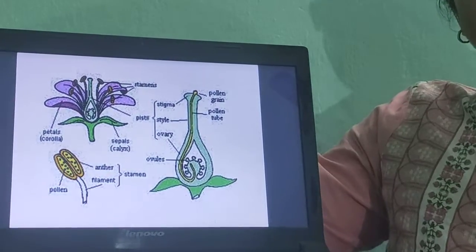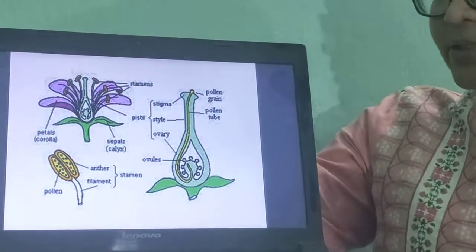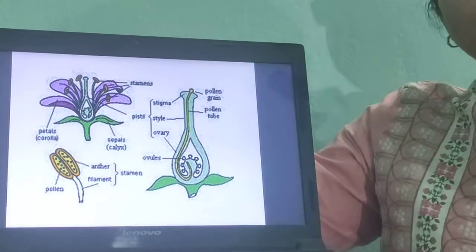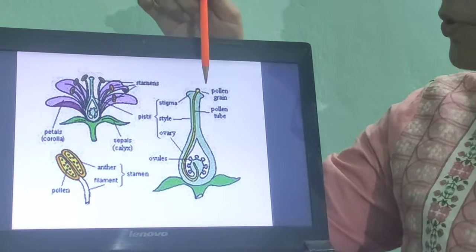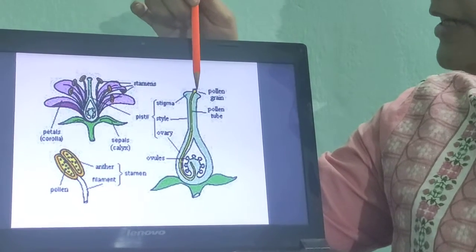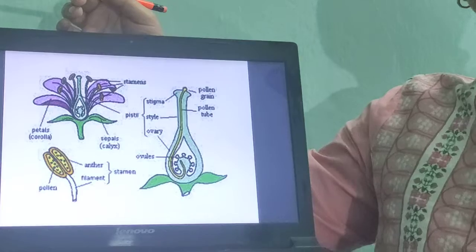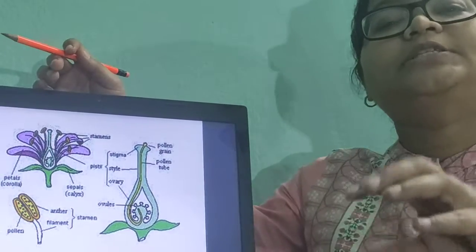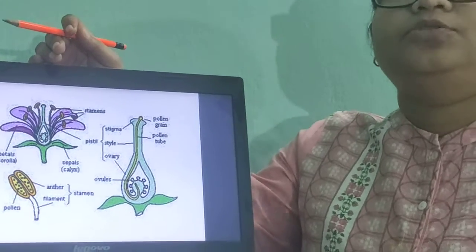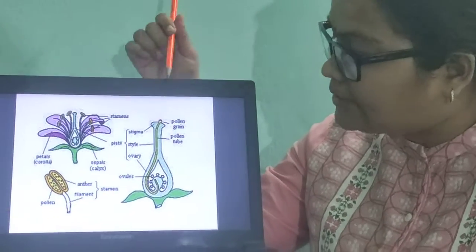So any carpel is formed of three parts: stigma, style and ovary, right? And how are they important? Stigma is the flattened surface on which the pollen grains land, right, for the process leading to fertilization.